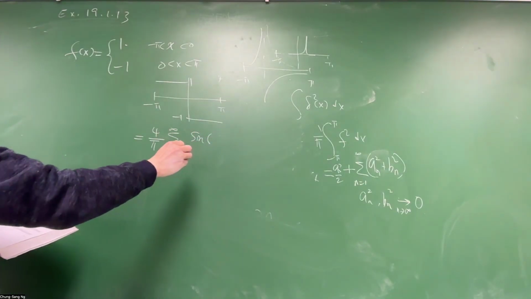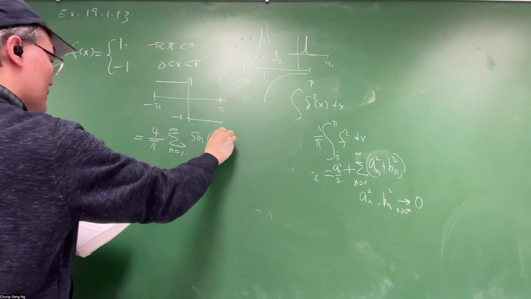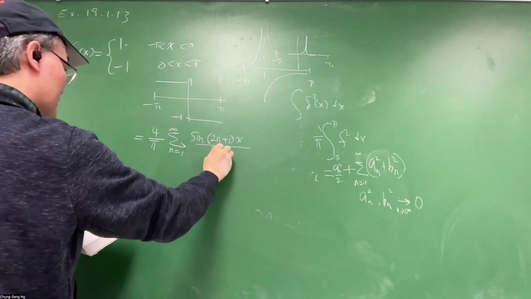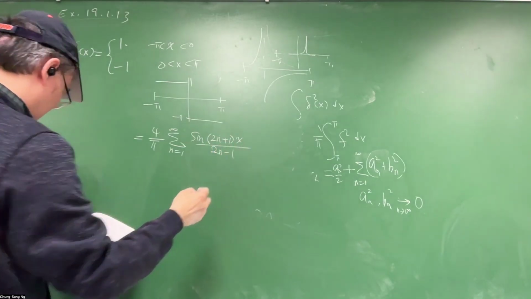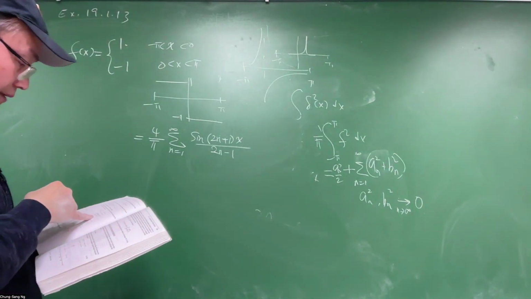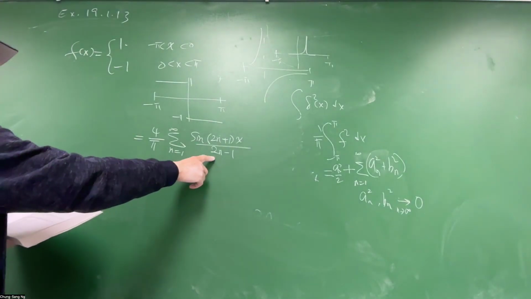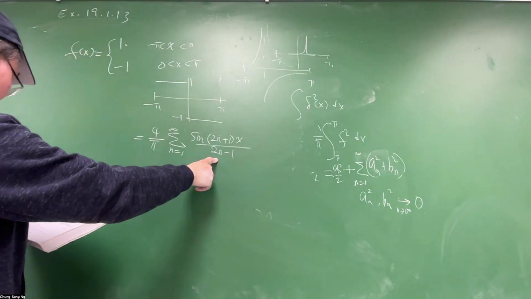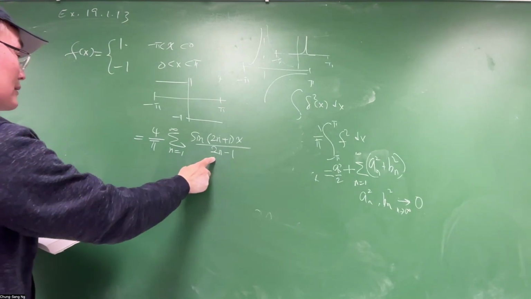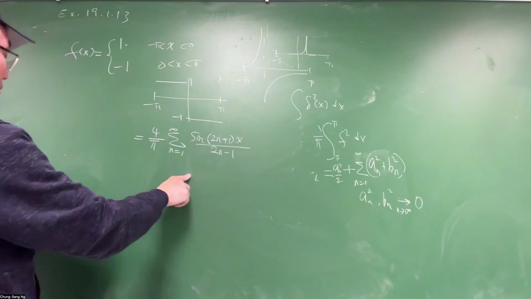So, okay, then the idea is just to sum over all the coefficients. This is all the b's of n, and then you just sum over all the b's of n square, right?